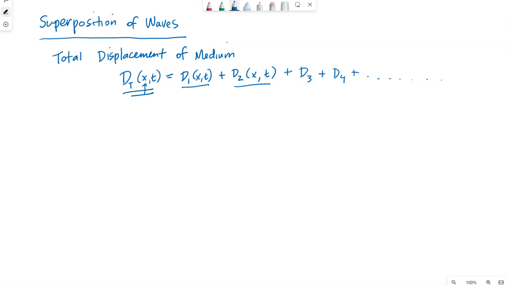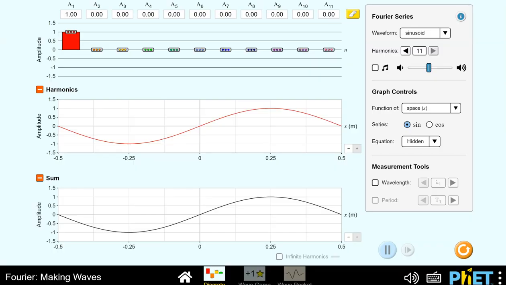Now, let me give you a couple other examples and visuals of this. One of the PhET simulations, which you've hopefully seen at least one of by now, just shows us the superposition of waves. In this top row up here, we can choose these different frequencies. These are all considered A notes for anyone who's musically inclined. That doesn't matter, so if that means nothing to you, that's totally fine.